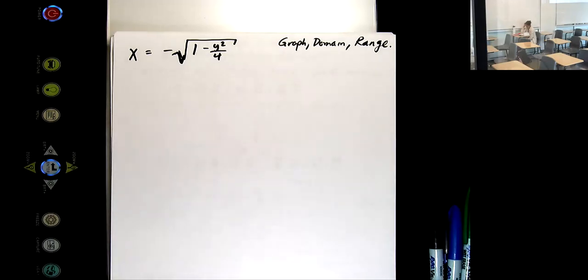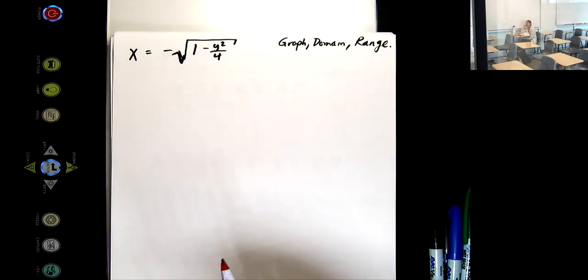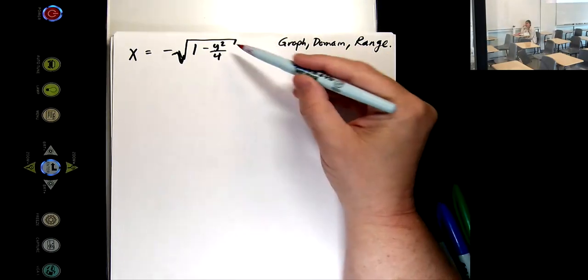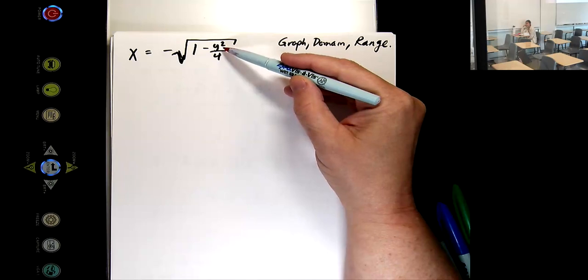Do we have a restriction? Can X be positive? X can't be positive, can it? It can be 0 if Y is 2.